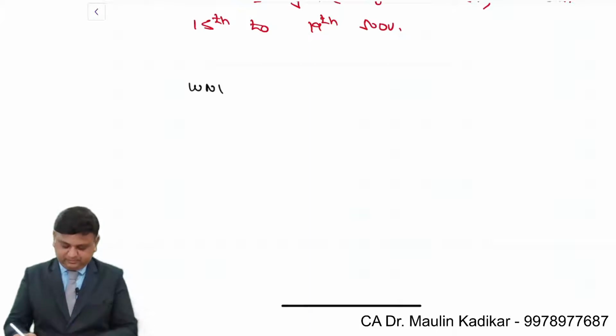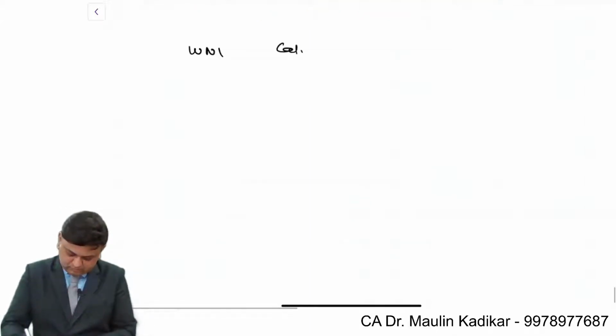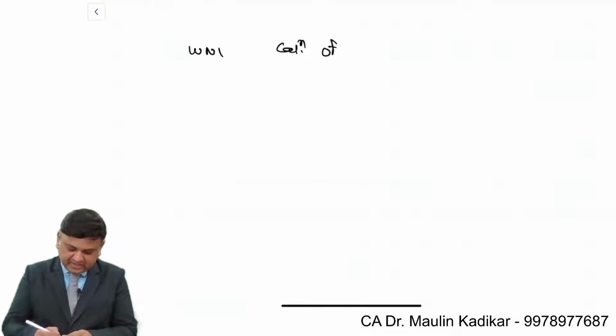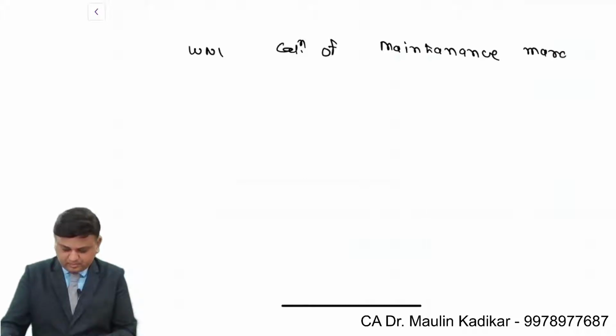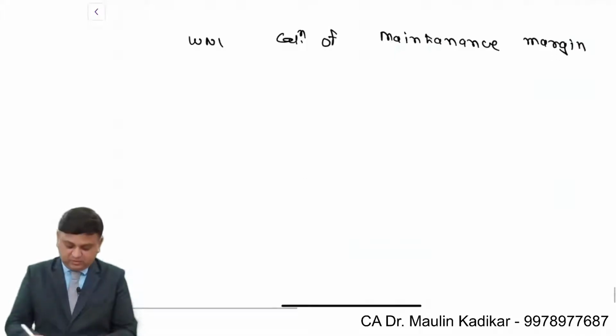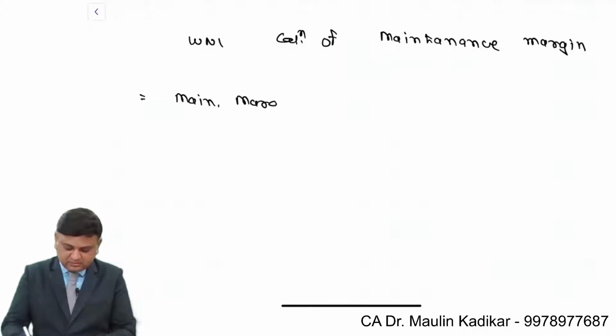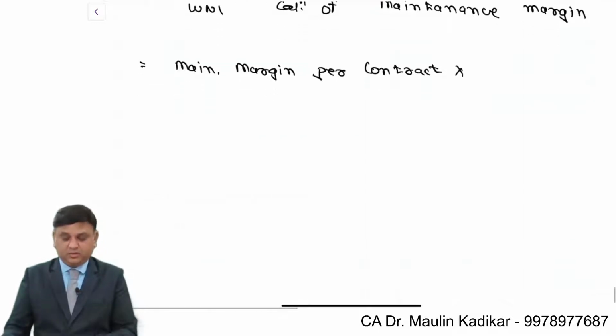Working note number 1. Calculation of maintenance margin. Write down maintenance margin per contract into number of contracts.